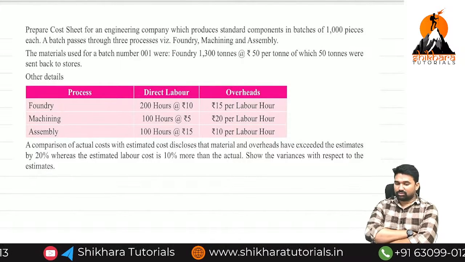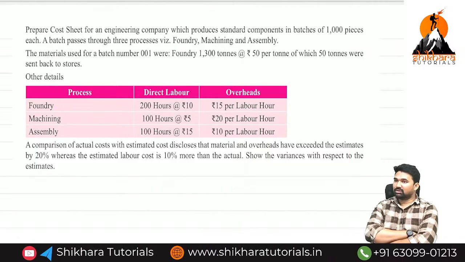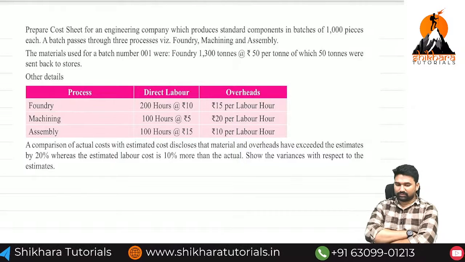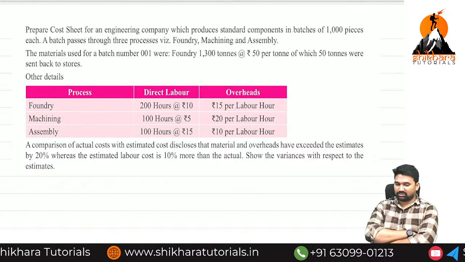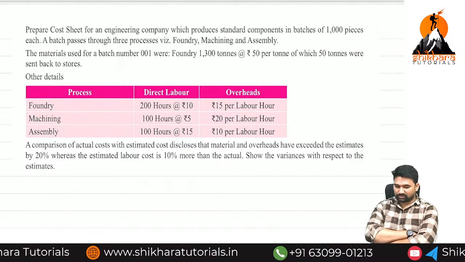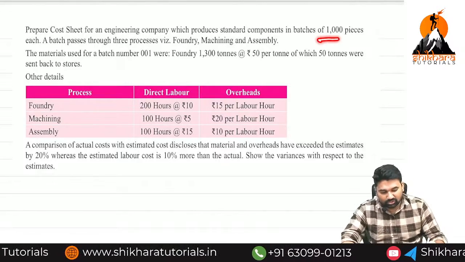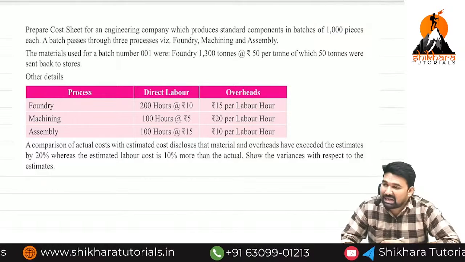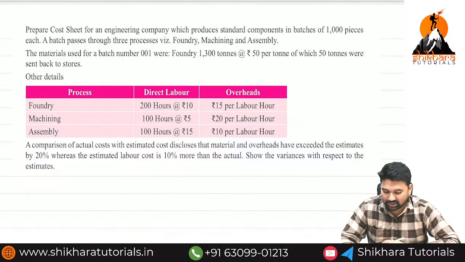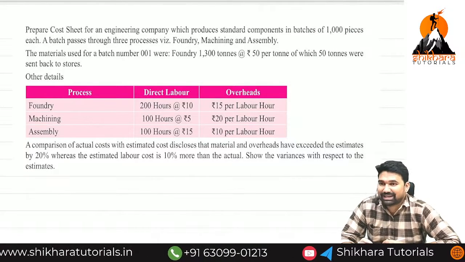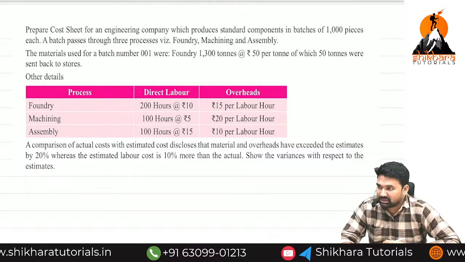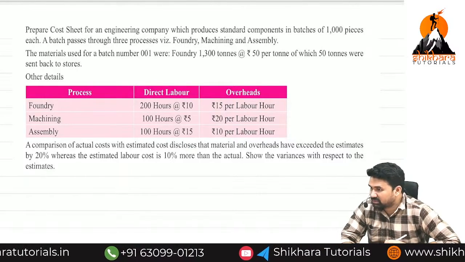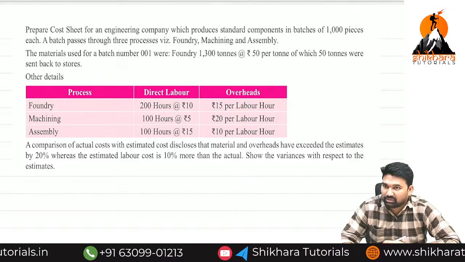Engineering company. So you are preparing a cost sheet for an engineering company that produces components in batches of 1,000 each. So each batch is producing 1,000 pieces. Okay, next.